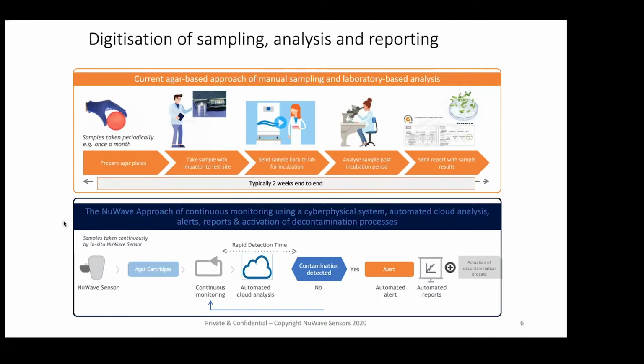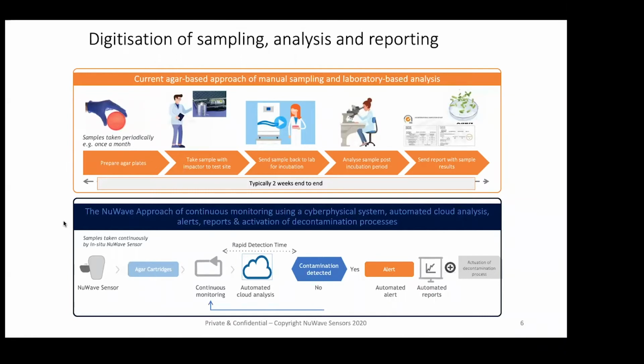So essentially a machine, it sits on the wall, it samples the air continuously, interacts with the cloud, makes an assessment based on what it measures, and produces a report. So all that process that takes 2 weeks, you can do in several hours using a digital process.